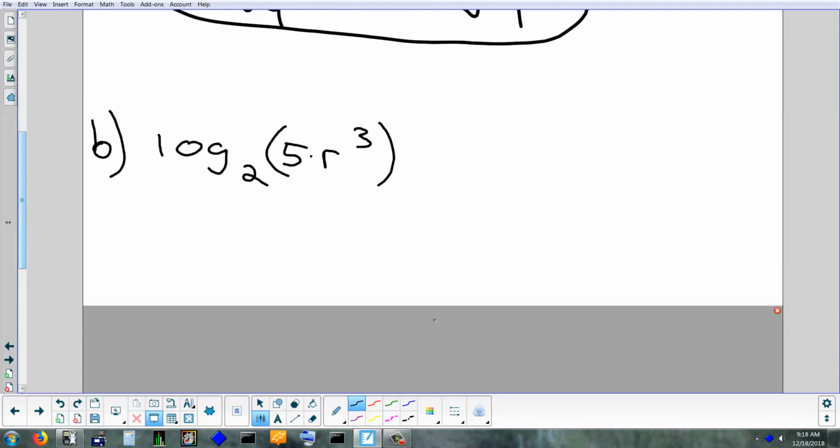Joe, does that one split as a sum or a difference? Difference? How come? Anyone agree that it splits as a difference, and then tell me why, or if you don't agree, tell me why. Because I forgot how to do it, so I need help.